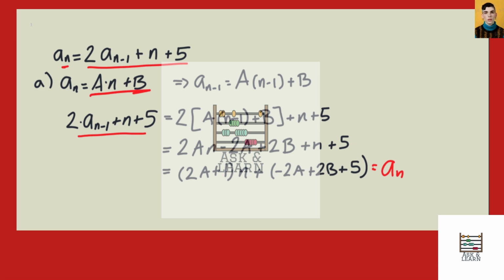So if this needs to be equal to A times n plus b, then 2A plus 1 needs to be equal to A, and negative 2A plus 2b plus 5 needs to be equal to b.